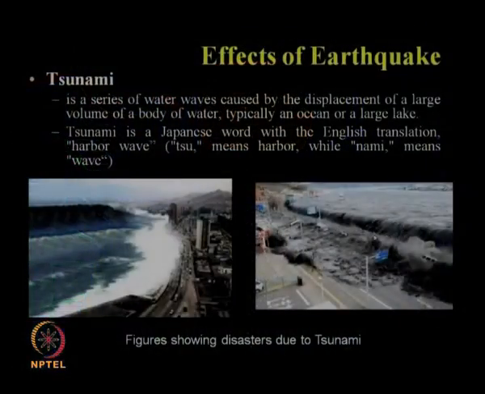That is why I have mentioned in this picture that it is not necessary that a tsunami will always get created whenever an earthquake comes in the sea or ocean. It may or may not come, depending on the amount of fault movement and their relative displacement. There are various other cases which we will discuss in due course of time in this course.